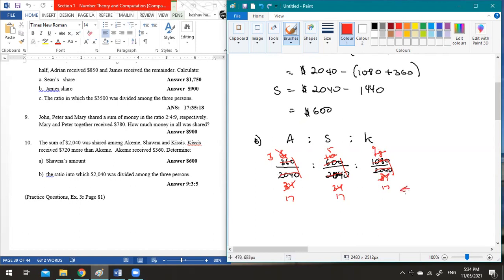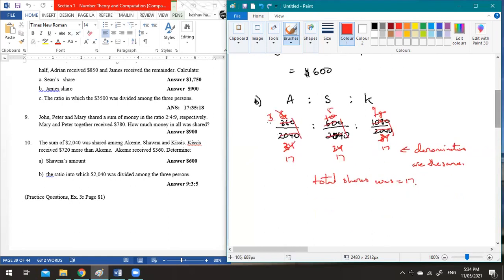So you see the denominators are the same. Once the denominators are the same, it means that the total shares was equal to 17. So the numerators of the fractions will give us the ratio. So 3 to 5 to 9 is the ratio.